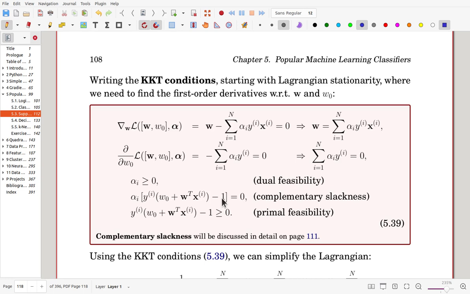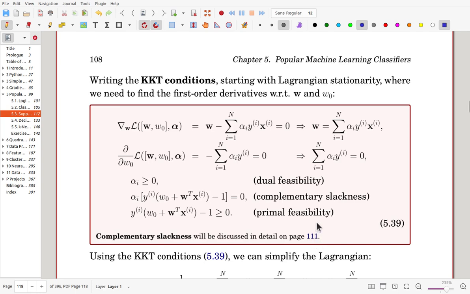This slackness will make the problem much simpler, and the solution will be much more effective. Later on, I'll explain what it is on page 111.